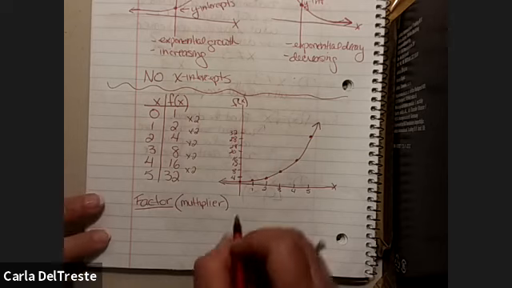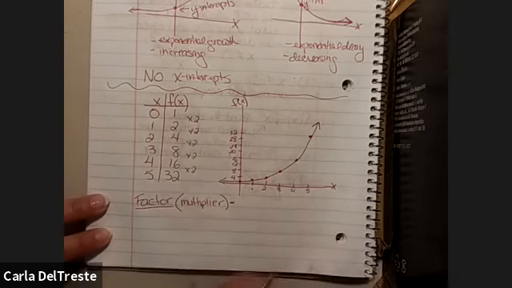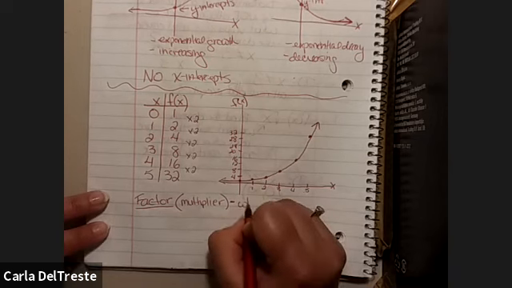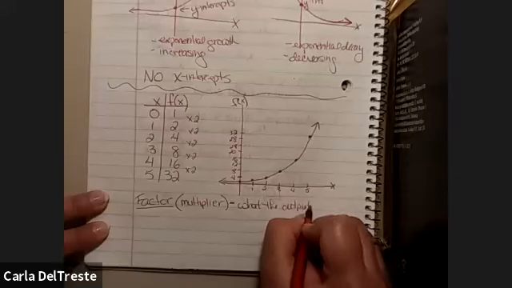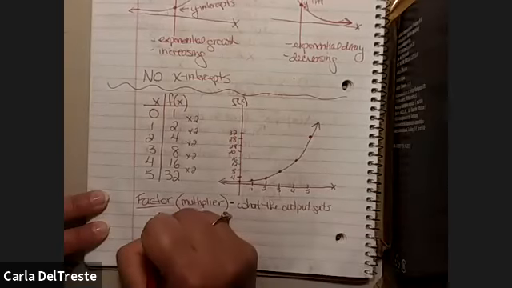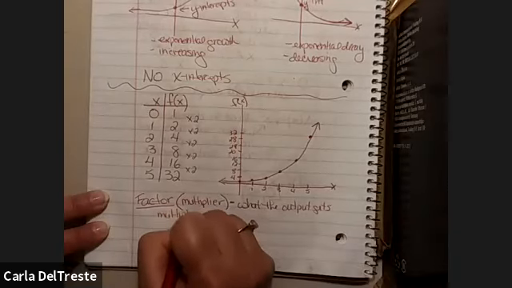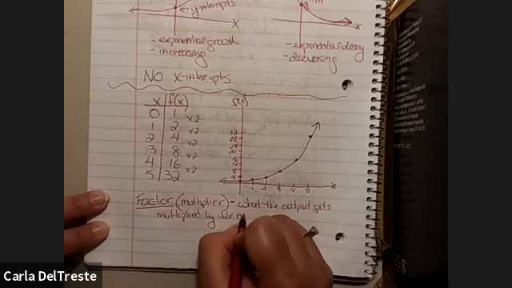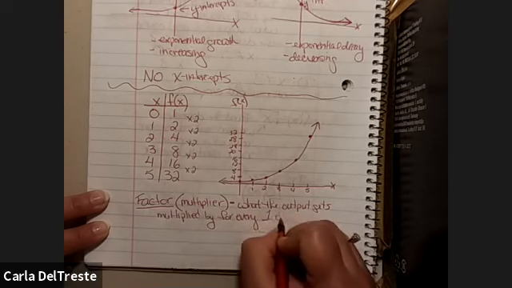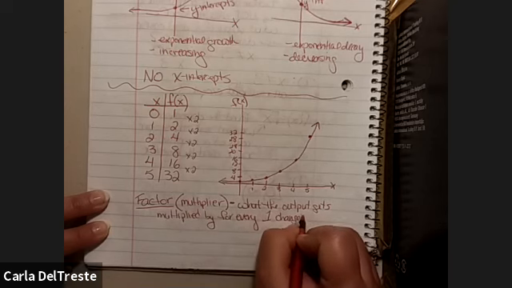That is the multiplier of each consecutive output. So let's actually put that as a definition. This is what the output gets multiplied by for every 1 change in input.